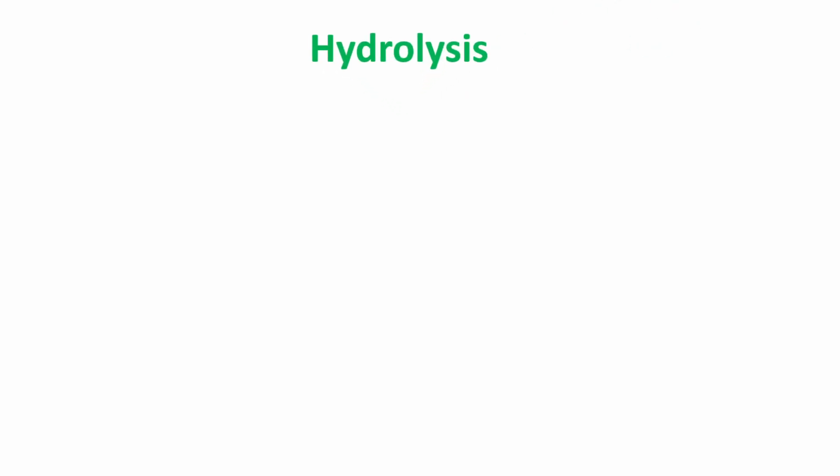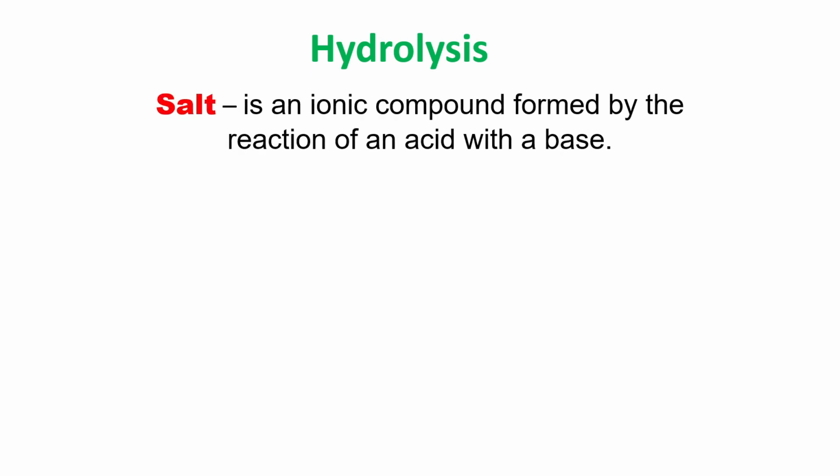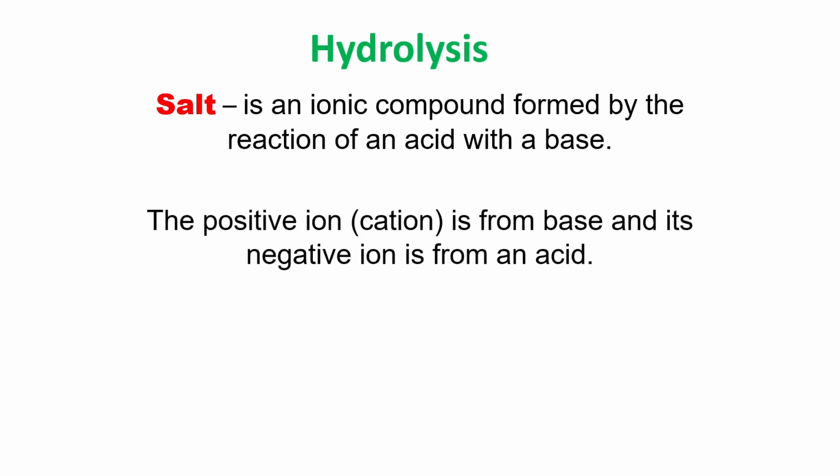Before we proceed further, kita tengok dahulu apakah dia salt in our discussion. Salt is an ionic compound formed by the reaction of an acid with a base. The positive ion or cation is from a base and its negative ion is from an acid.